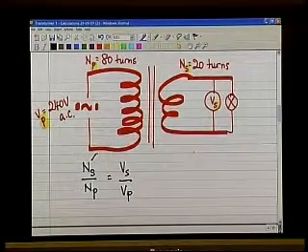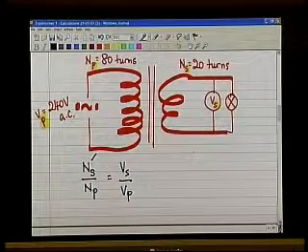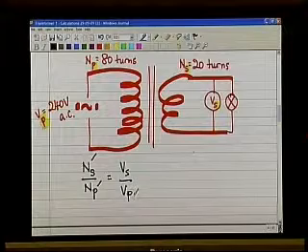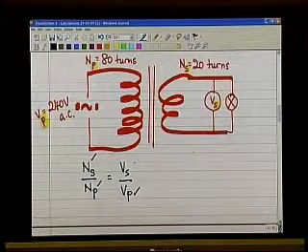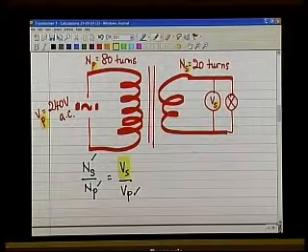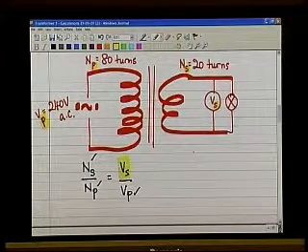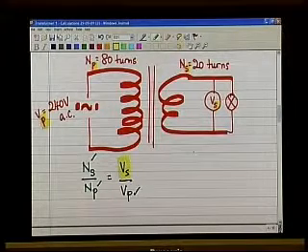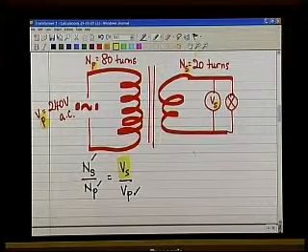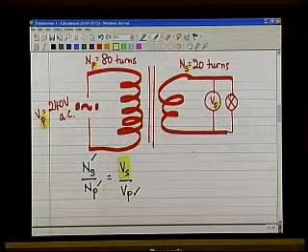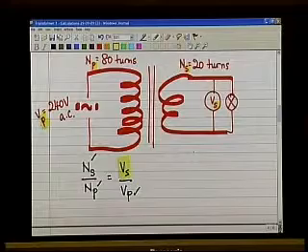Yes. Do I have Np? Yes. Do I have the value of Vp? Yes. And what do I want to calculate? I need to calculate the value of Vs. That is the question. So, all I have to do is to substitute the values of Ns, Np, and Vp into the equation, and I can get the value very easily. Okay, let's do it.